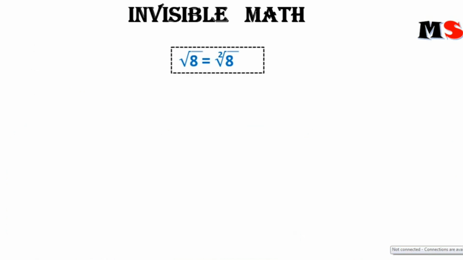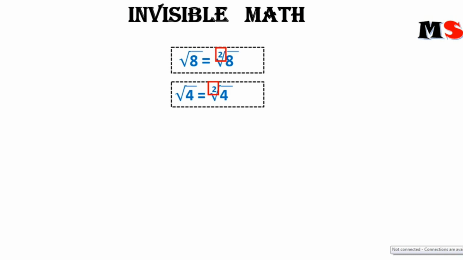And last, we have the radical of 8 and the radical of 4. If there is no index written, then it means the index is 2. That means the square root of 8, or 8 with index 2, and the square root of 4, or the radical of 4 with index 2.